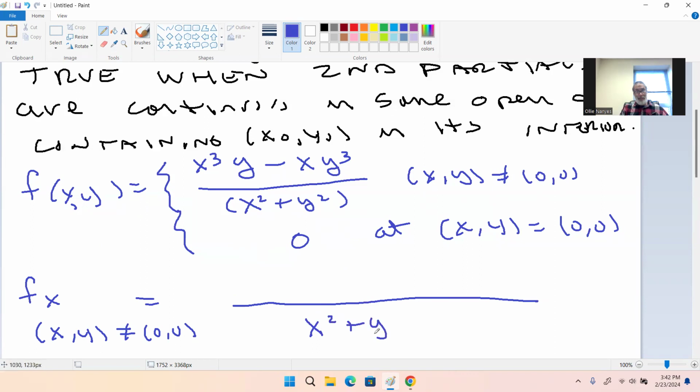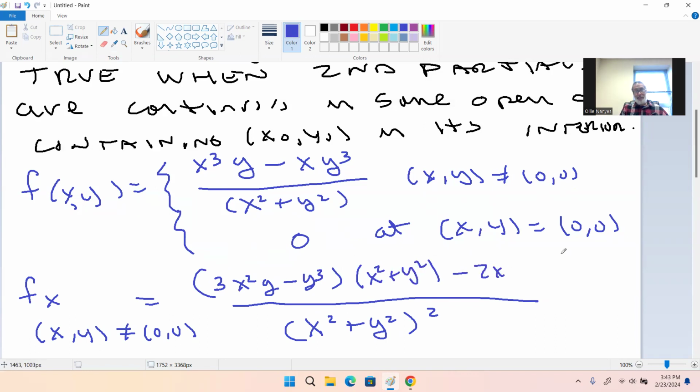So we are in a quotient rule situation. So we would square the denominator, and then we take the partial of this with respect to x, which is 3x squared y minus y cubed, times the bottom, minus the derivative of the denominator times the entire numerator.